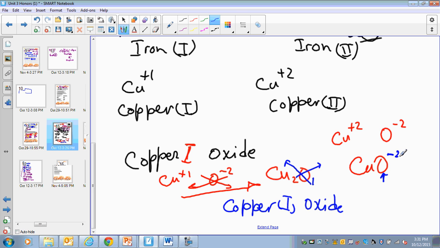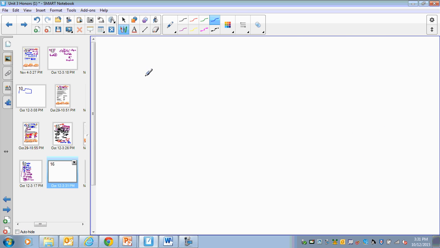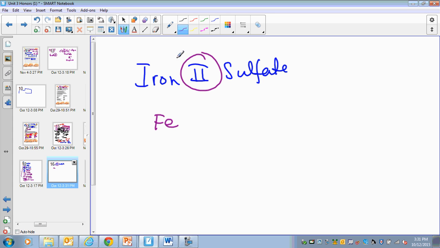The oxygen is -2, so copper must be +2. That's why there is no charge at the bottom. So you will say, okay, the name for this one is copper 2 oxide. So when you name them, you have to write their charges. Like if I have iron 2 sulfate, how would you write the formula? This 2 is telling you that the charge for the iron is +2.